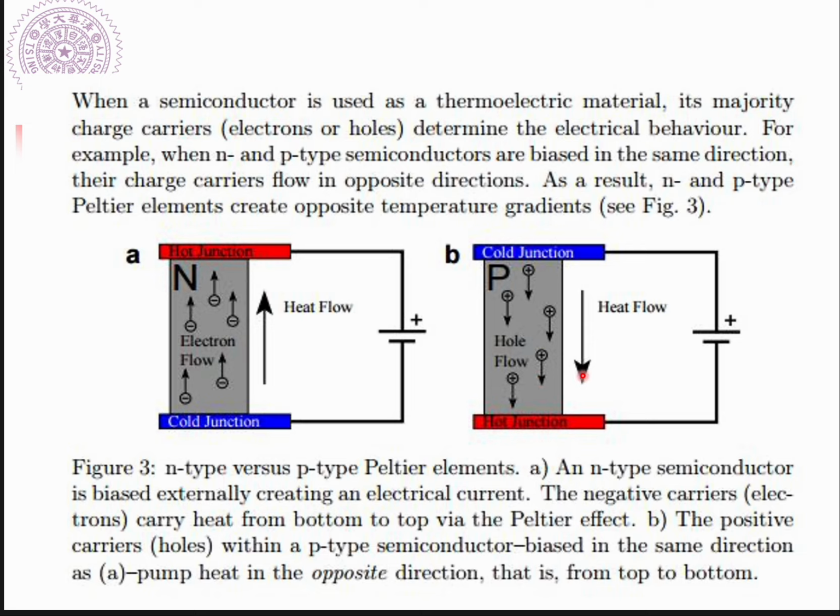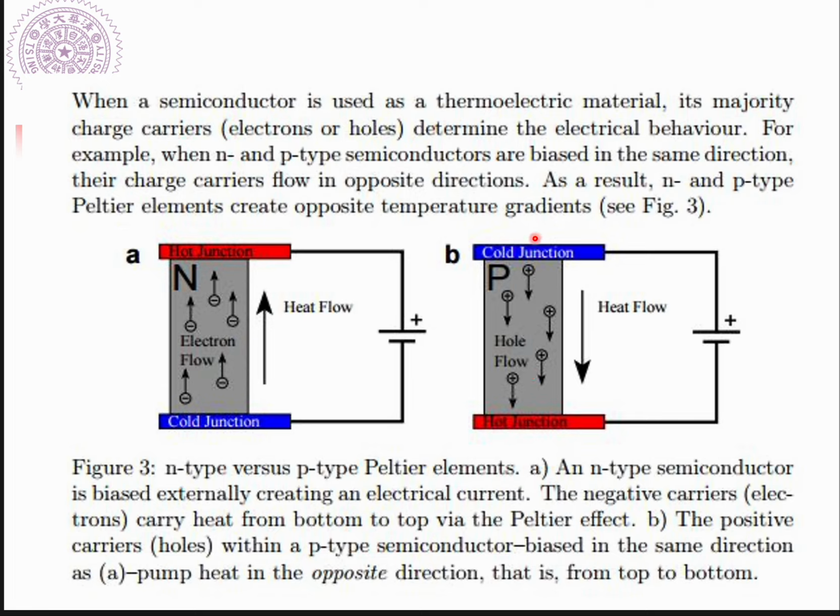We also apply the electrical current in this direction, and the carrier is holes. Holes flow in the same direction as the electrical current. And as you know, the carrier carries the heat, right? So the carrier carries the heat from this side moving toward this side.